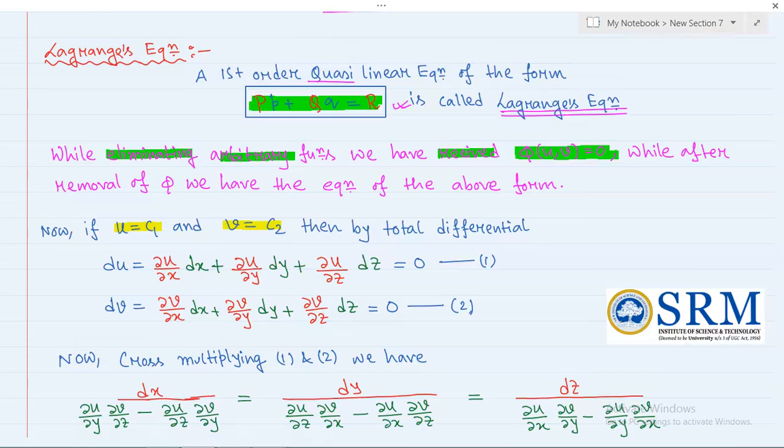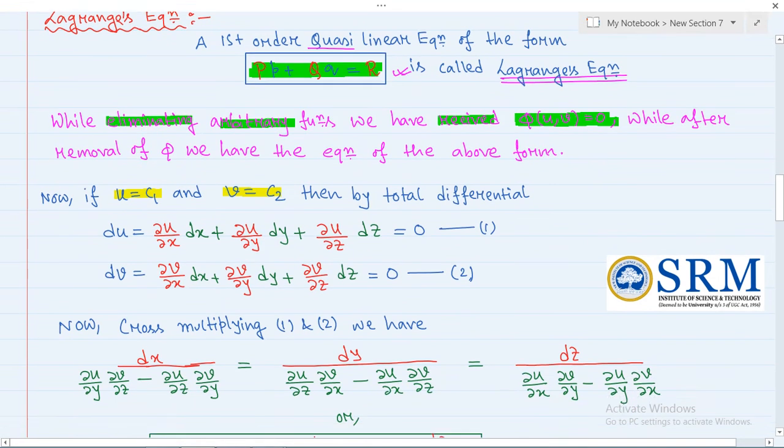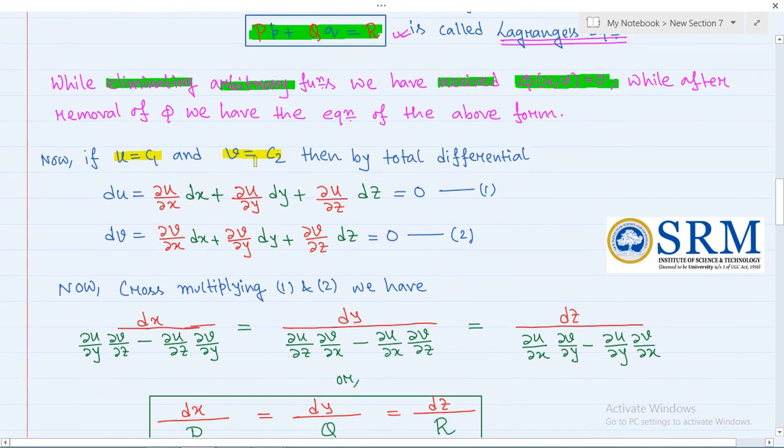Then by the concept of total differential that we have learned from functions of several variables, du can be written as del u del x dx plus del u del y dy plus del u del z dz. Now since u equals c1, the differentiation of u is going to be 0. Similarly, the differentiation of v, that is dv, can be written as del v del x dx plus del v del y dy plus del v del z dz equals 0.